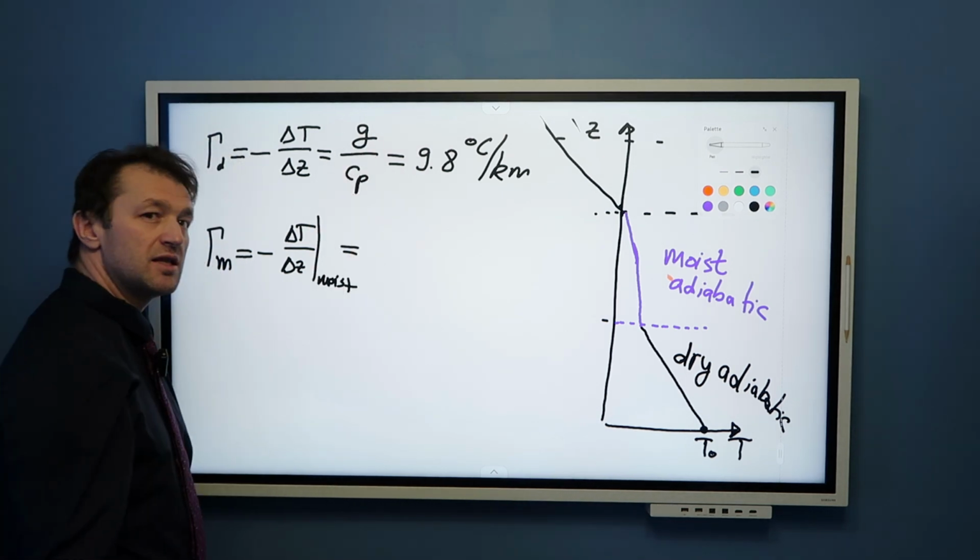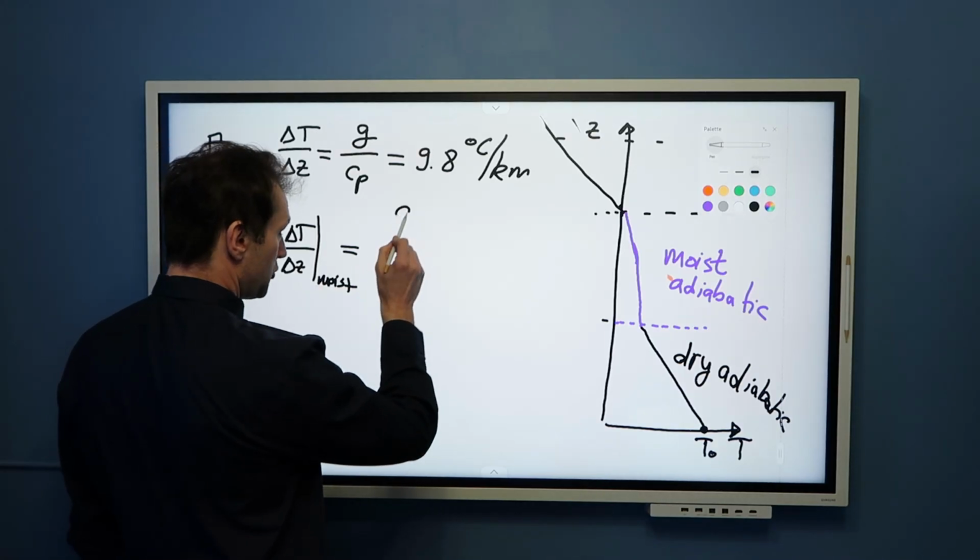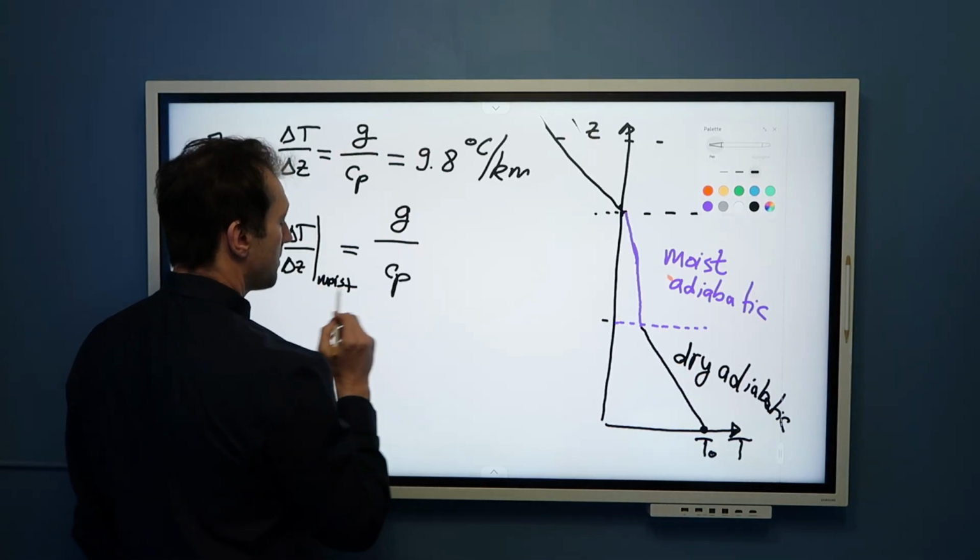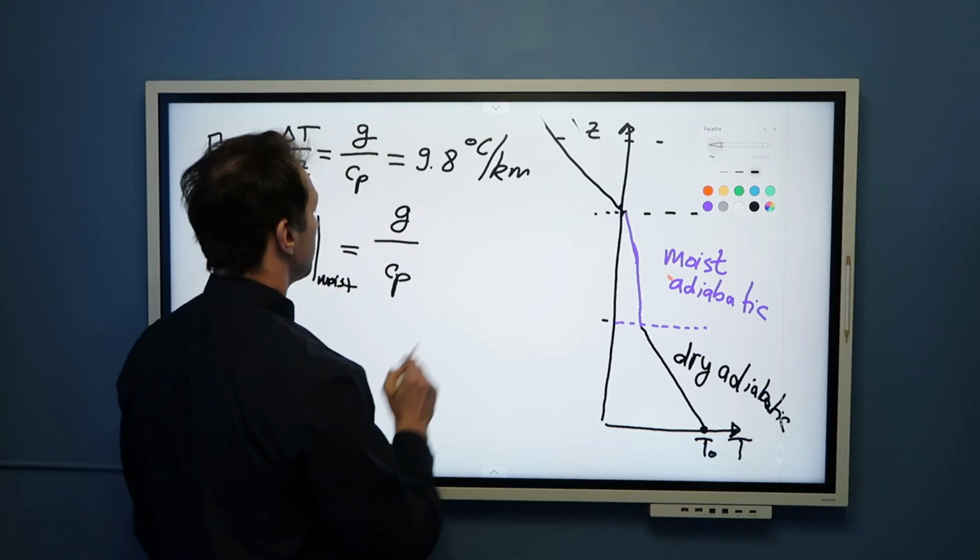This one was g divided by Cp. This one is also g divided by Cp, except a little bit more complicated.